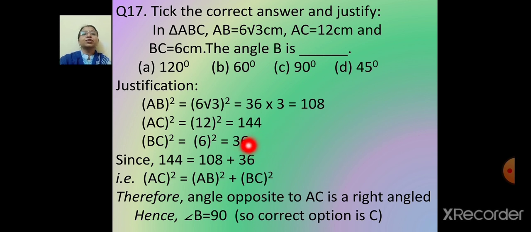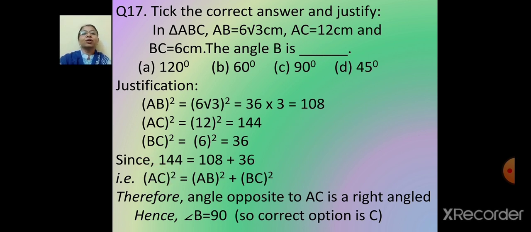Now here we observe that the 144 is equal to 108 plus 36. What does it mean? The square of one side is equal to the sum of the squares of other two sides. Then by converse of Pythagoras theorem, the angle opposite to the first side or bigger side is 90 degree.